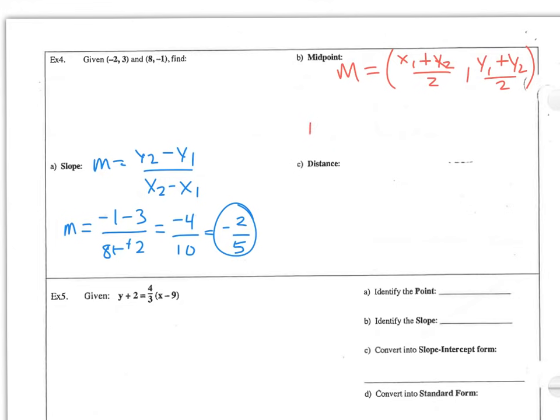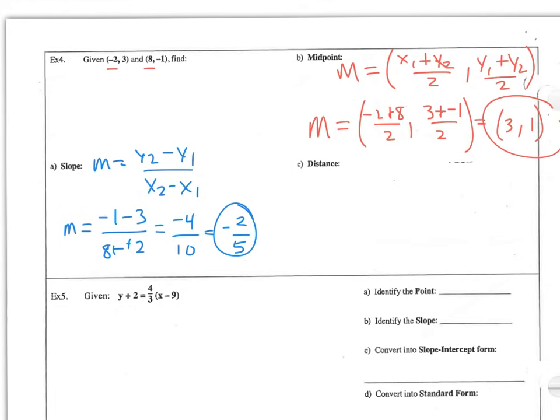So now our midpoint comes from negative 2 plus 8 divided by 2 and 3 plus negative 1 divided by 2. This simplifies down to 6 over 2, or 3, and 2 over 2, which is 1. So there is our midpoint, (3, 1).